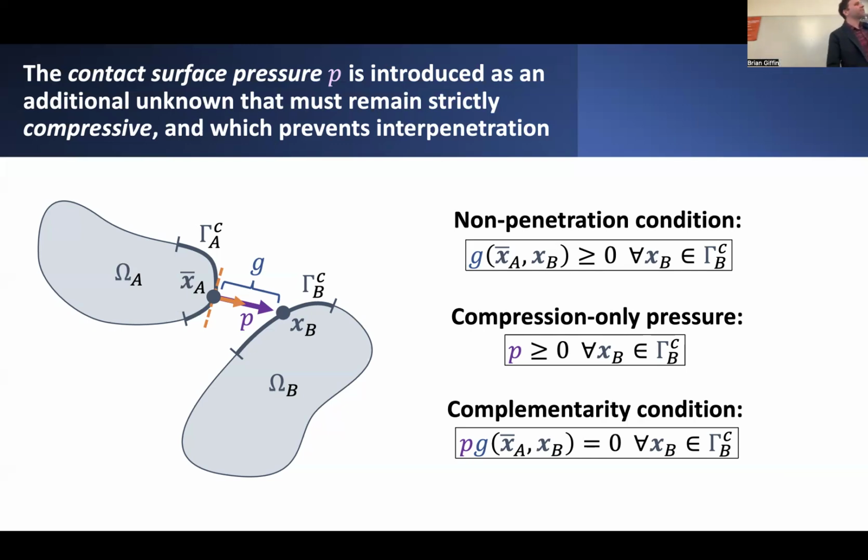So the contact pressure has to be a strictly positive or possibly 0 value. And then finally, we have the complementarity condition. The product of the contact pressure and this gap has to always be equal to 0, indicating that only one can be non-zero, but in order for one to be non-zero, the other has to be equal to 0. So that's the long and short of how we're going to set up these two-dimensional contact problems.